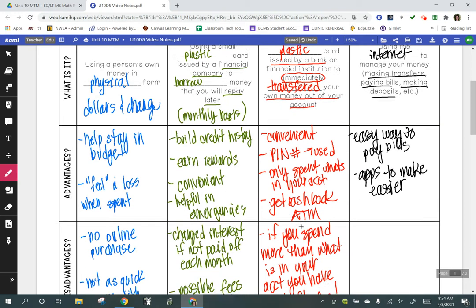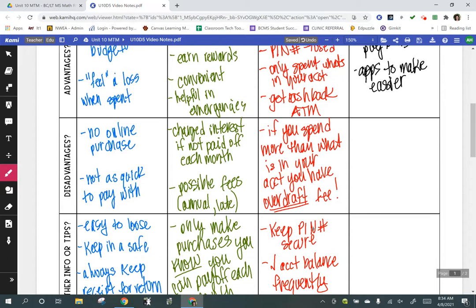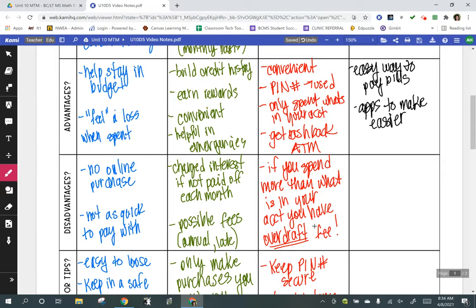Okay. Some of the disadvantages would be, I'm going to leave that there, is that now that you're online, you have to beware of hackers and identity theft. Sorry if my handwriting is kind of crazy.